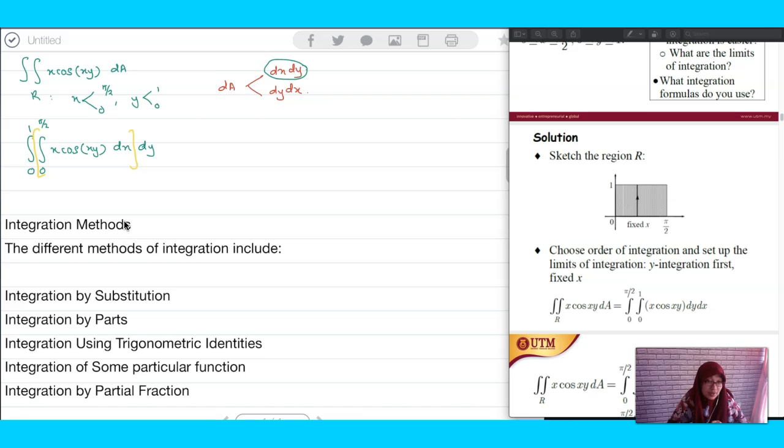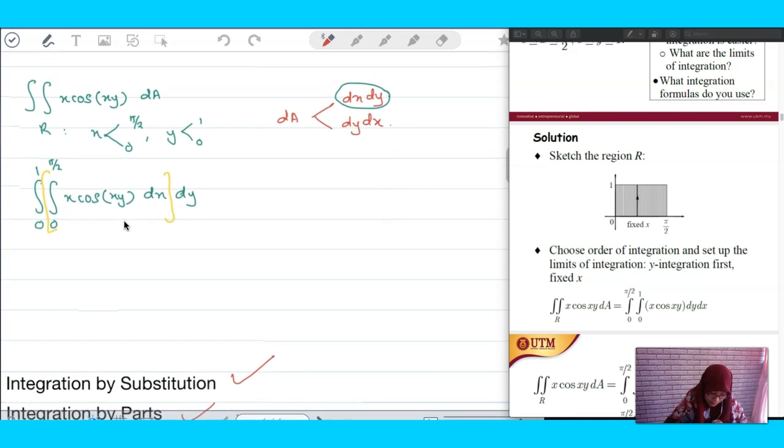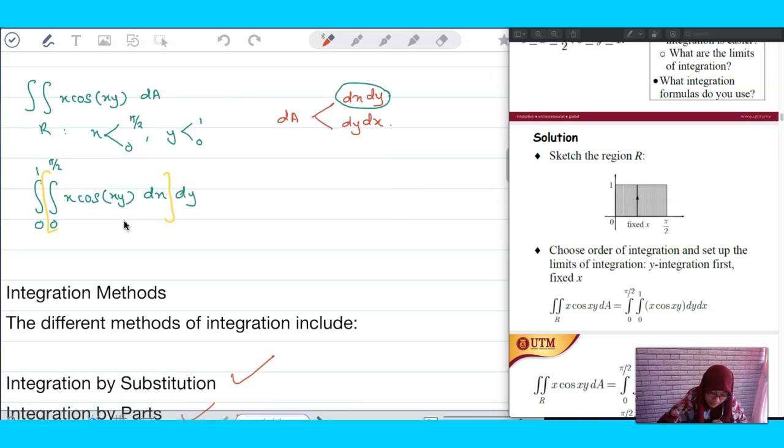Not trigonometric identities, because normally we apply trigonometric identities if there is a square root, and of course not partial fractions, because it has nothing to do with a polynomial. Okay, so we can try these two techniques. Firstly, try the substitution. So how can the substitution work here?